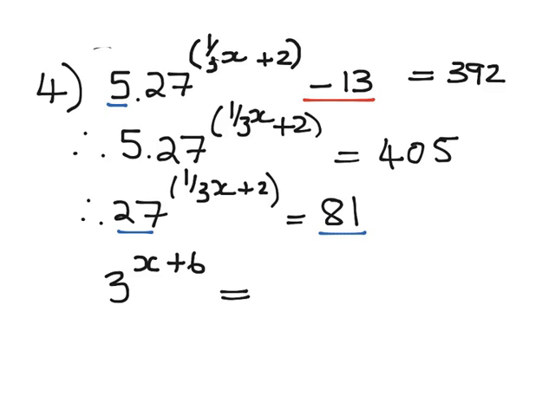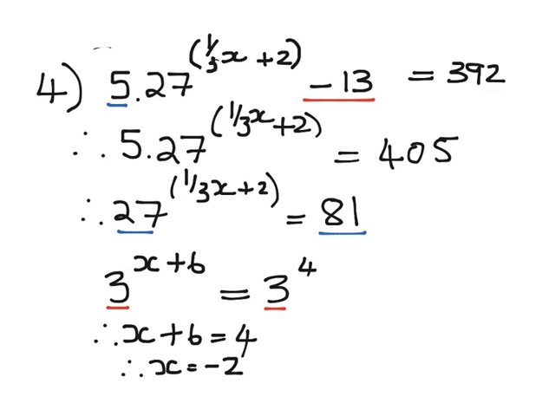And 81 is 3 to the power of 4. So we have x plus 6 is equal to 4. That's because the two bases are equal. And solving that equation, we will have x is equal to minus 2.